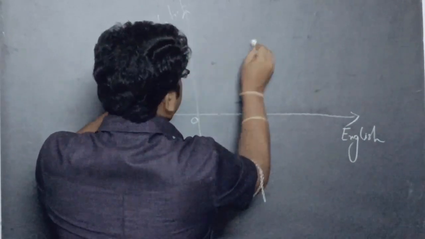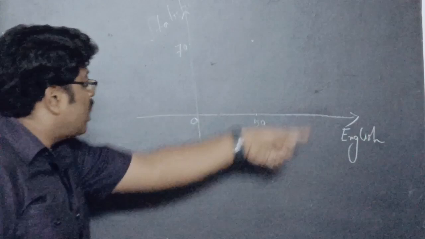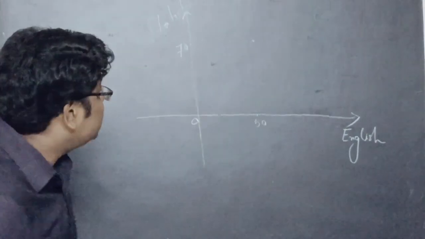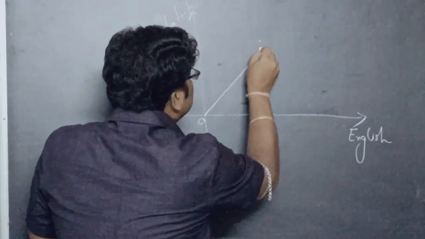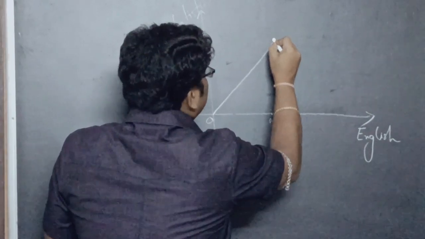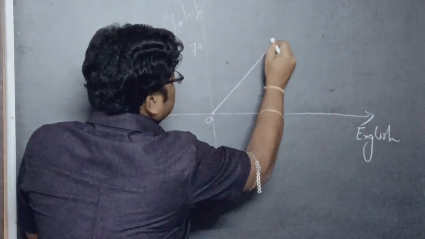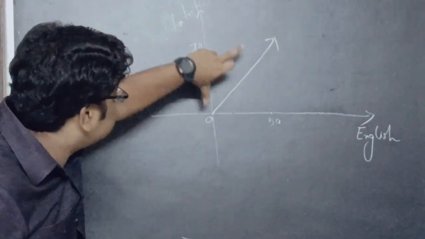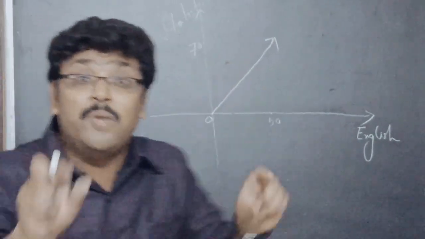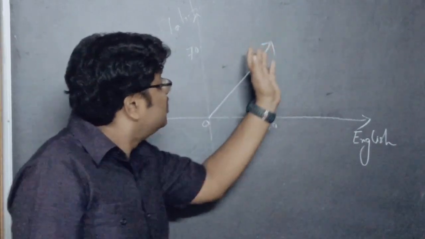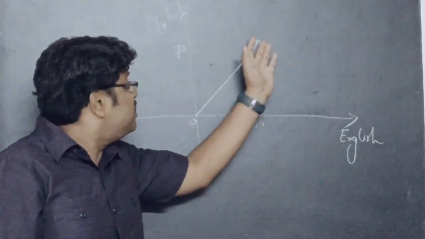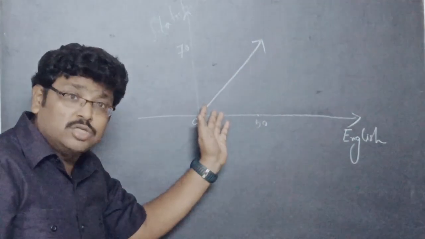Here is a point in the two-dimensional space. And now if you join a line with this point, then this line is nothing but the vector. And this vector can be stretched upward, or it can be shortened, by the eigenvalue.